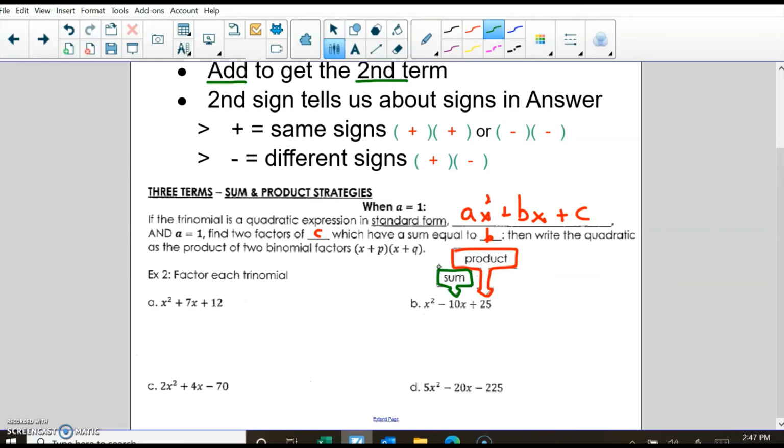And then you put your answers in binomial products. So for problem A, we can start off by using x in each part of the front parentheses.